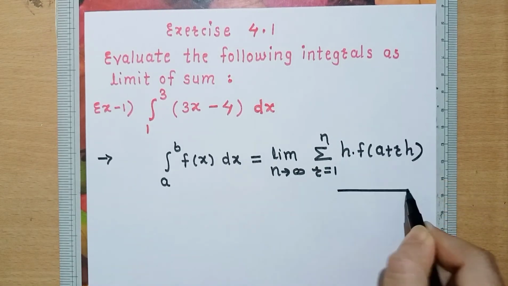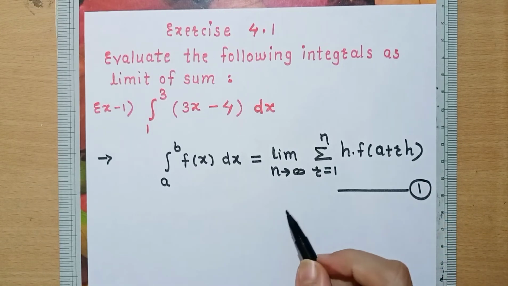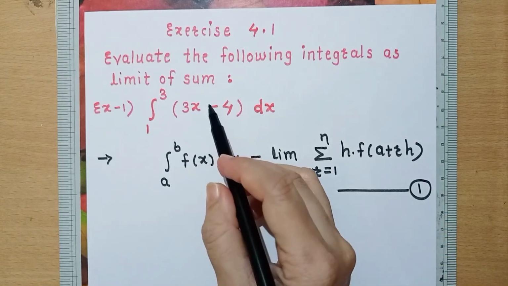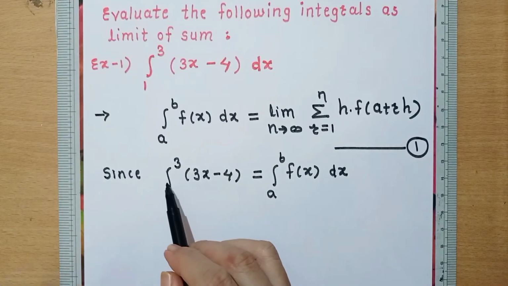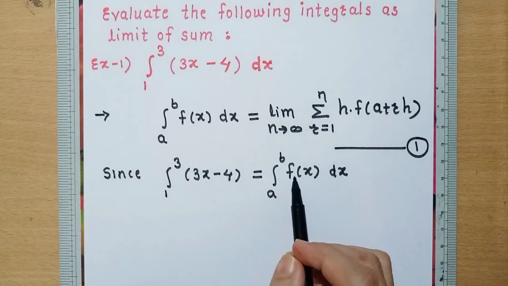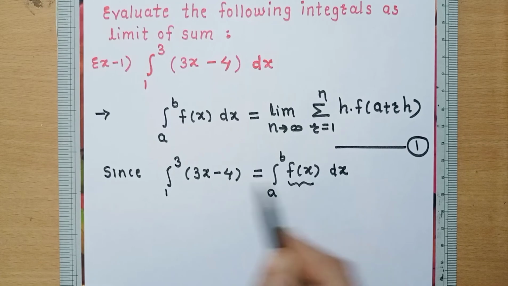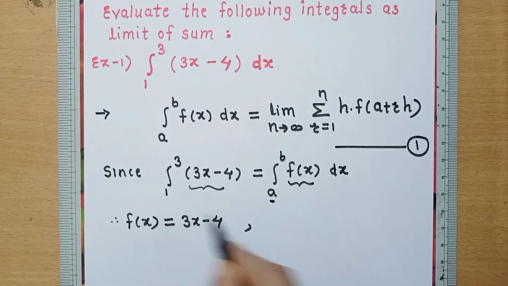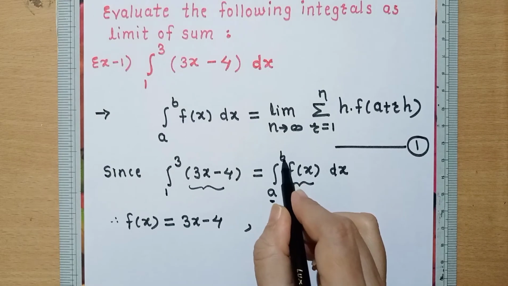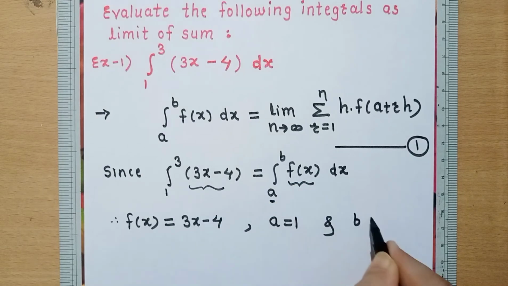Say this is equation number 1, and now we will equate this function with this. Since the given integration is equal to this, we have f(x) equal to 3x minus 4. Also a equal to 1, which is the lower limit, and the upper limit b equal to 3.